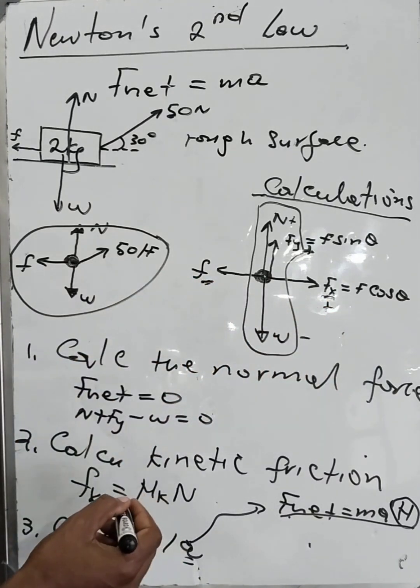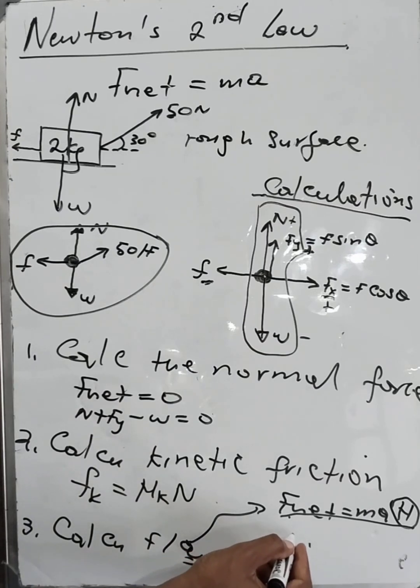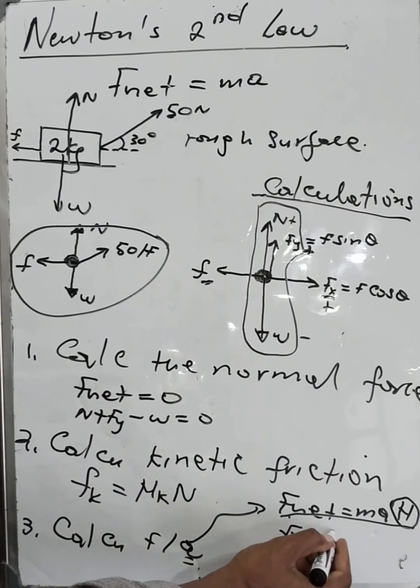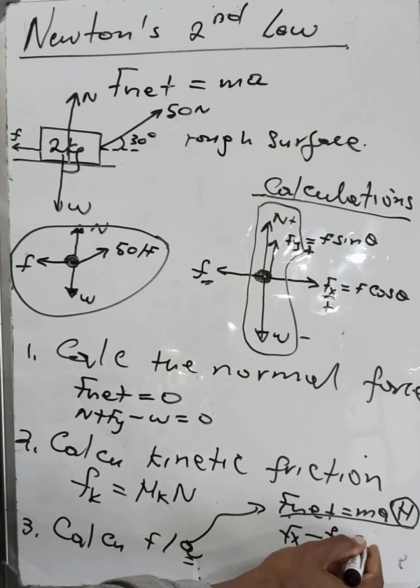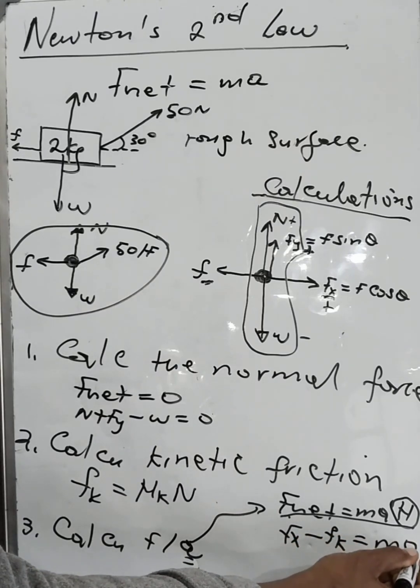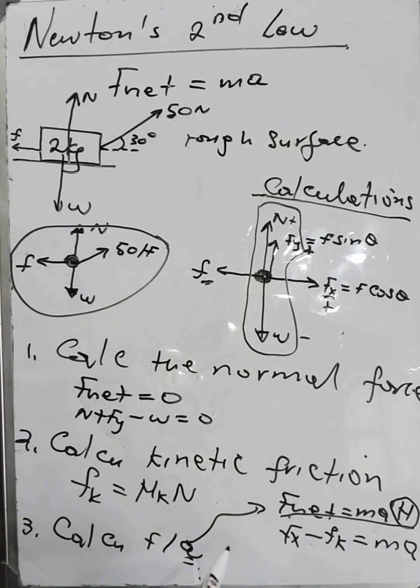So F net will be Fx minus Fk, which is equal to ma. Then we calculate this one first, then we substitute here, and we get the acceleration.